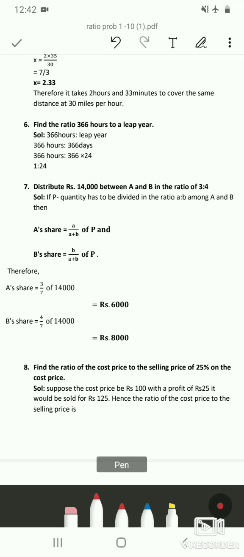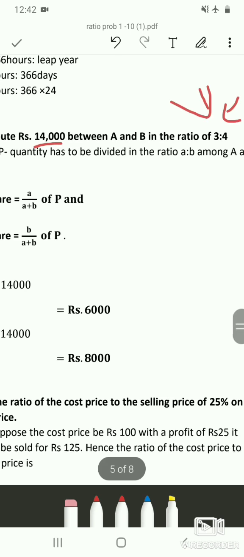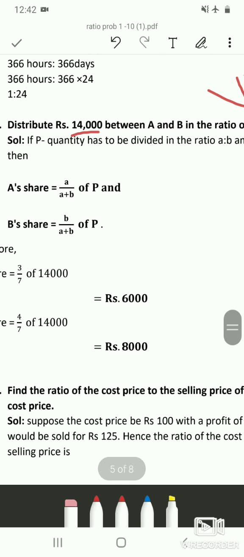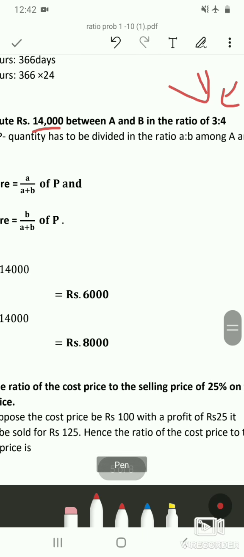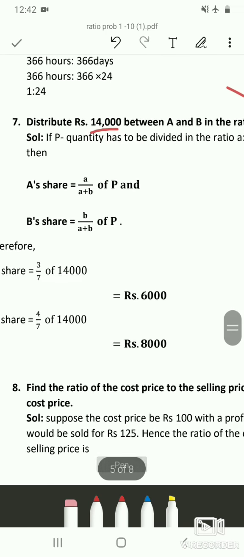So let us see, for the given problem, P is nothing but 14,000, and small a, that is the ratio antecedent, is 3 and consequent is 4. They have asked us to distribute rupees 14,000 between A and B. Therefore A's share would be, here small a is 3 and a plus b is 4 plus 3, which is 7.